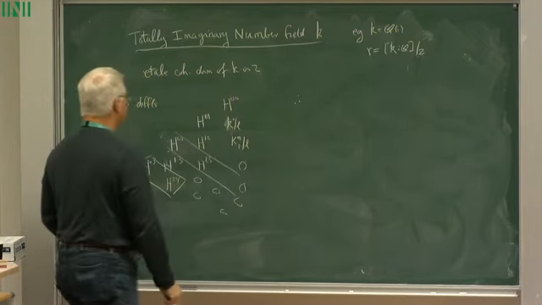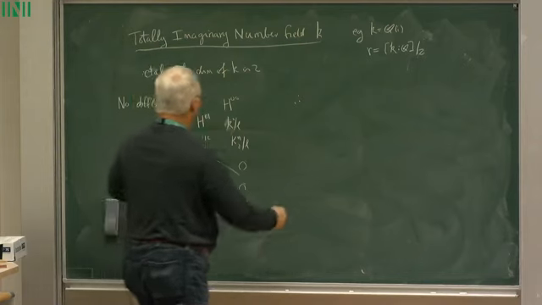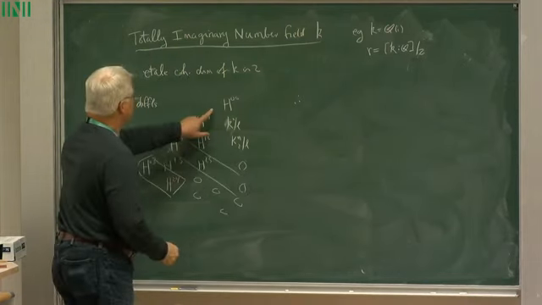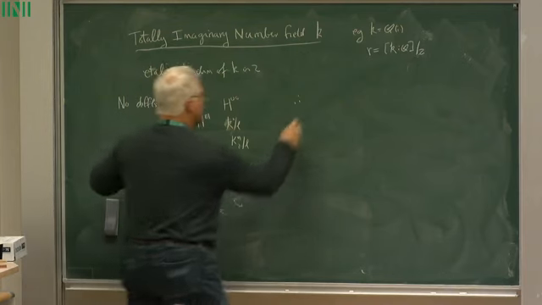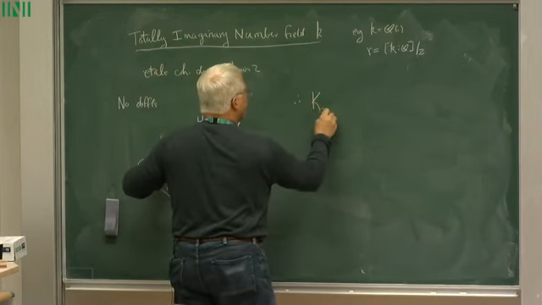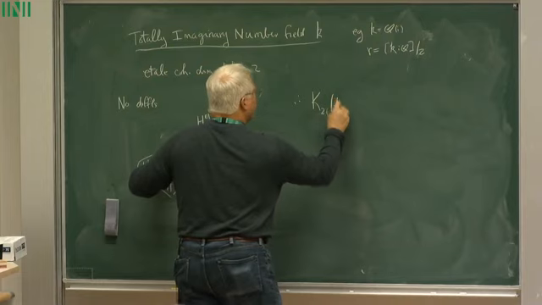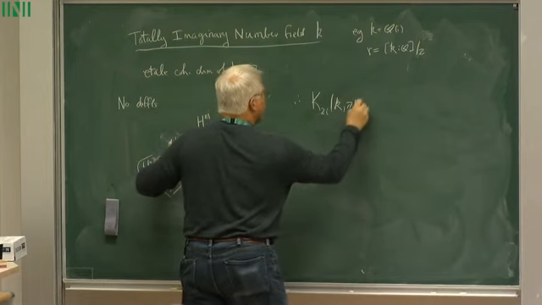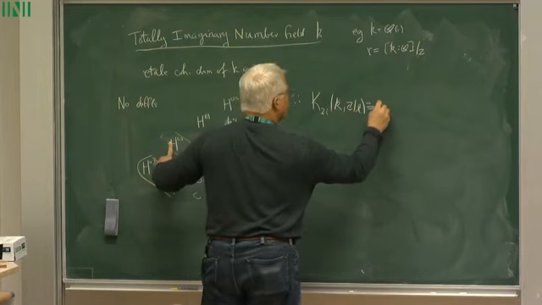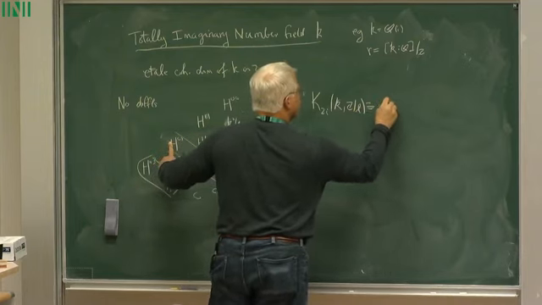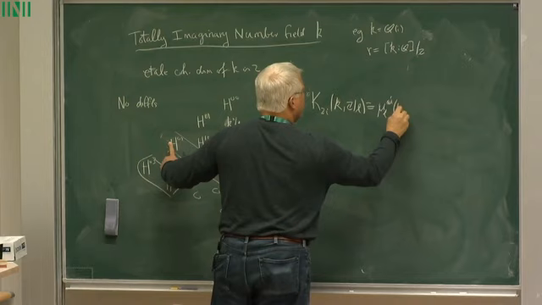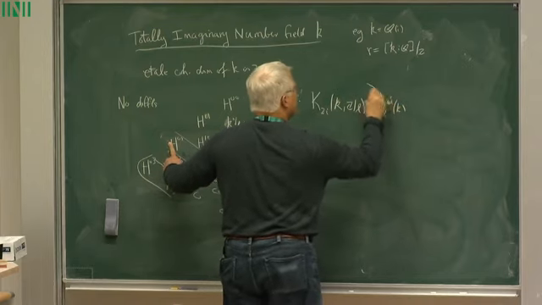So the conclusion that we get out of this is that, let's see, so this is 2, 4. So K_{2i} of K with coefficients in Z mod L is isomorphic to mu_L tensor i of K. That's the e invariant.